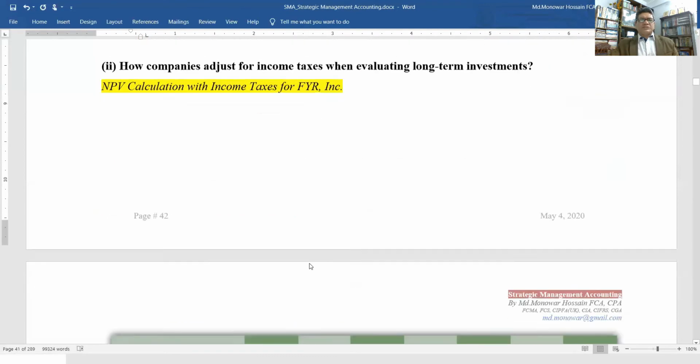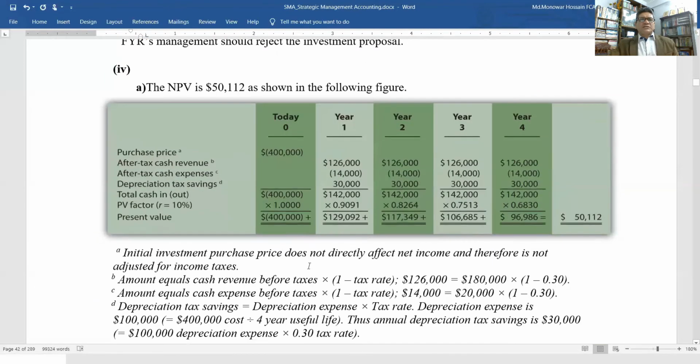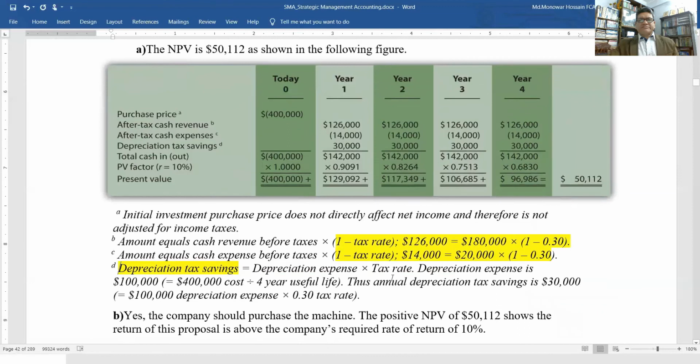Is the question. So the same way, after-tax cash revenue adjusted with the tax rate here, 30% tax rate, and the same for expense, we have to adjust. For depreciation, we calculate the tax shield: depreciation expense multiplied by tax rate. Depreciation expense is 4 lakh divided by 4 years, 1 lakh.